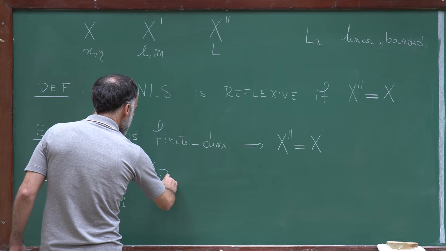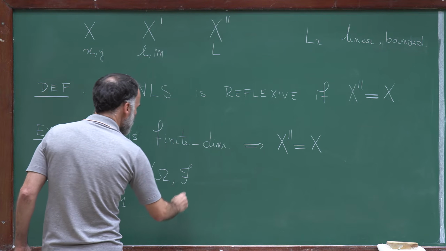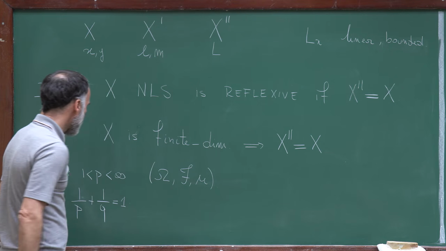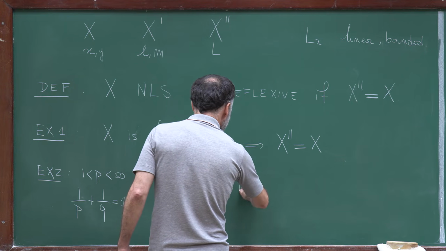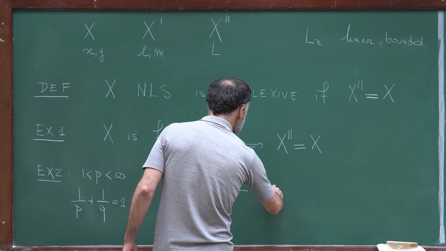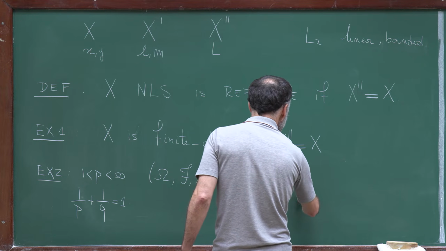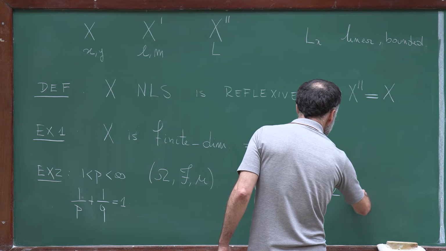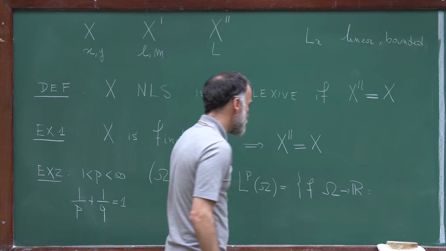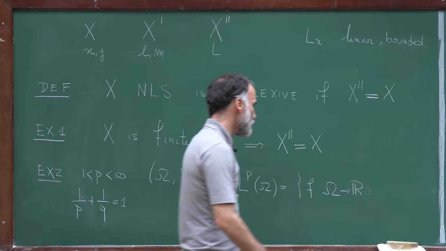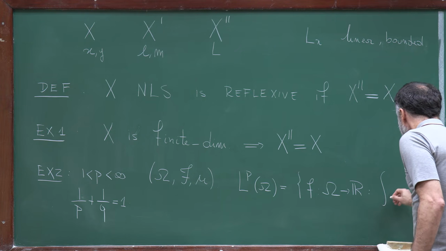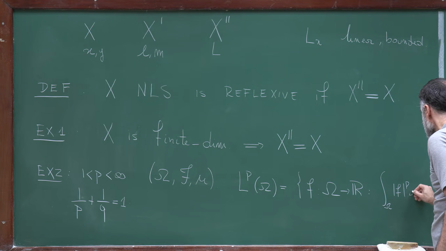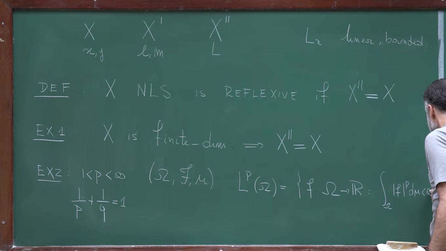Consider a measurable space omega with a certain sigma algebra F and a measure mu. Take the space L^p of omega, so this is the space, remember, of all functions f from omega to R which are measurable with respect to the sigma algebra, and such that the integral over omega of |f|^p d mu is finite.